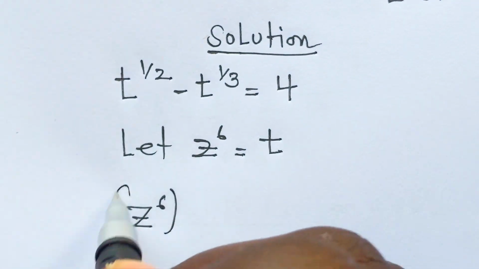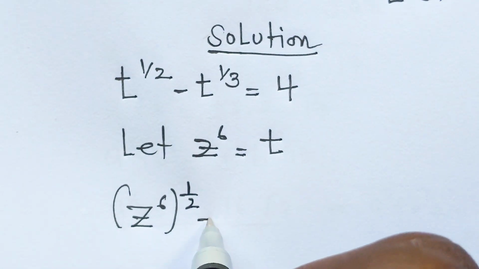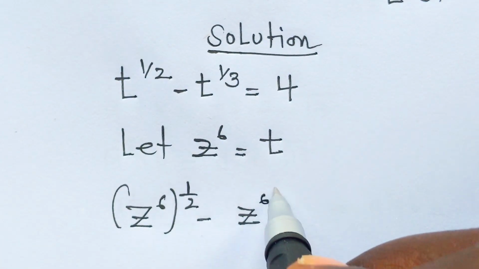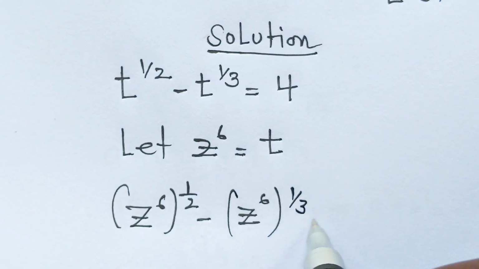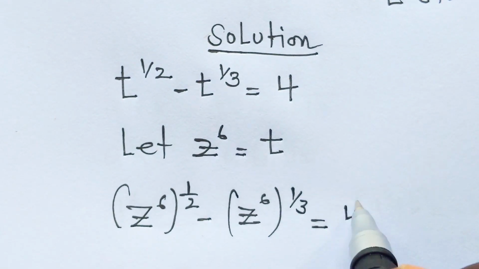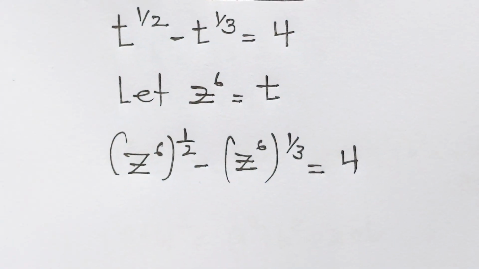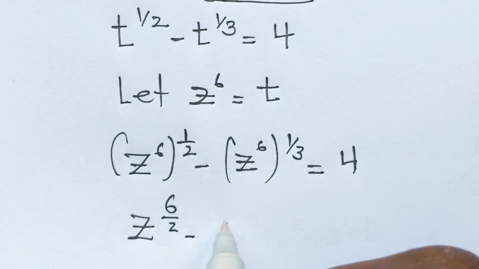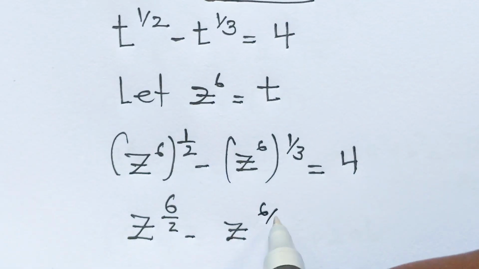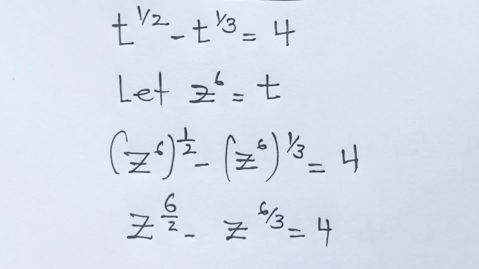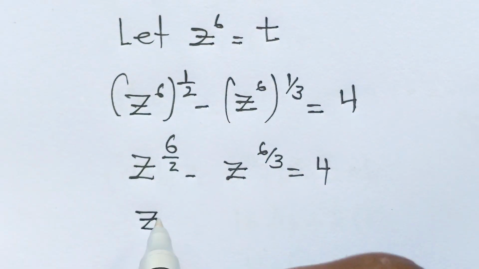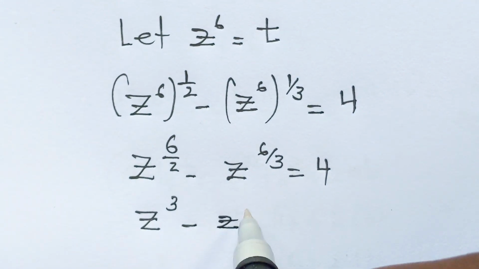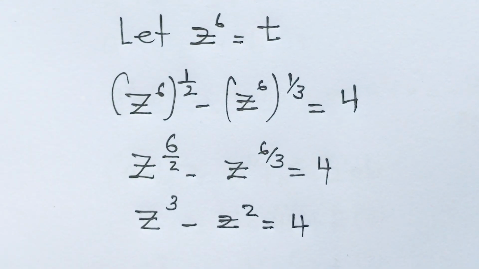We get z to the power 6, then to the power 1/2, minus z to the power 6, then to the power 1/3, equals 4. At this stage we have z to the power 6/2 minus z to the power 6/3, which is equal to 4, then z cubed minus z squared equals 4.